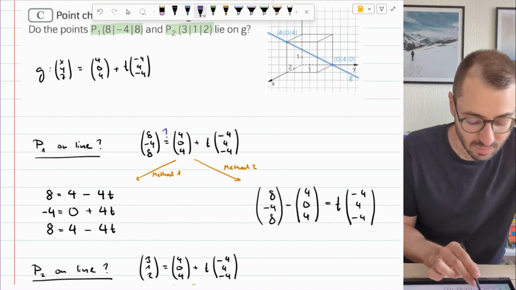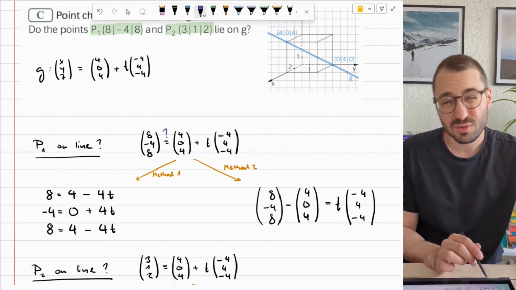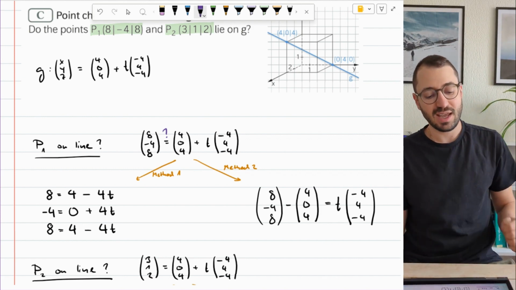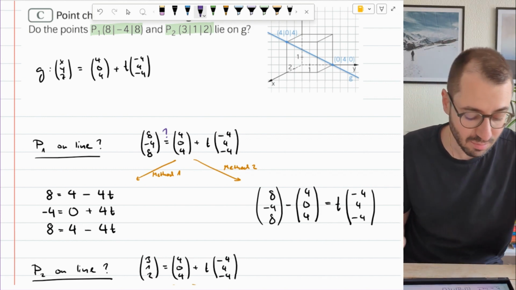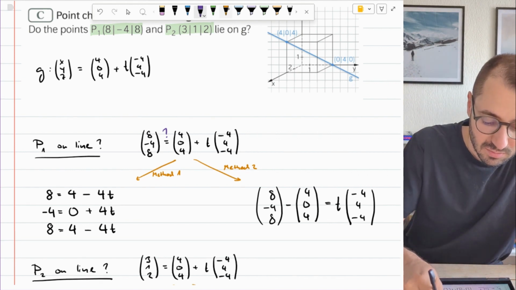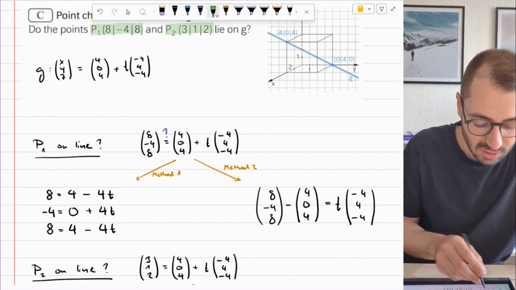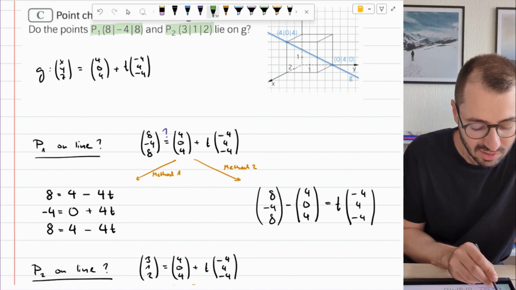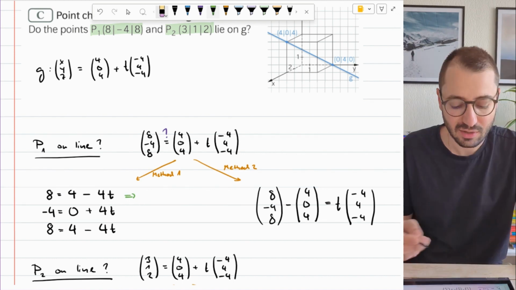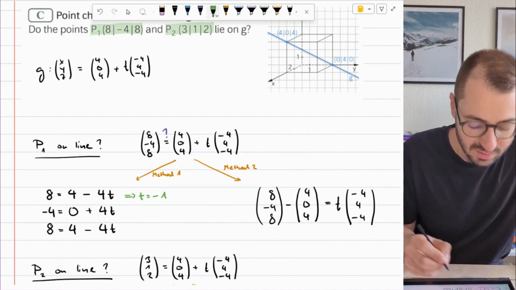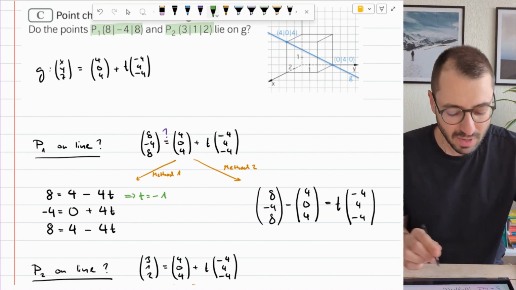So 3 equations, 1 unknown, and those need to be true simultaneously if the point lies on the line. We can solve for one equation, for instance the first one. You solve for t, and you get t equals -1.